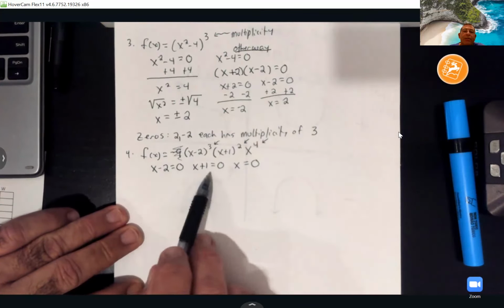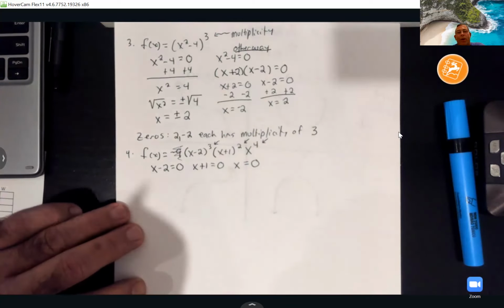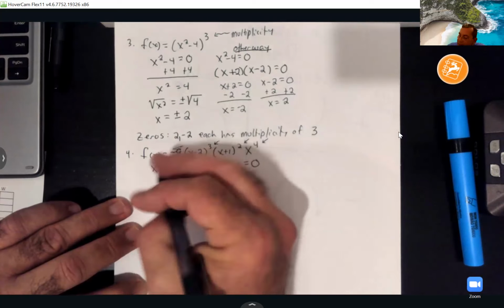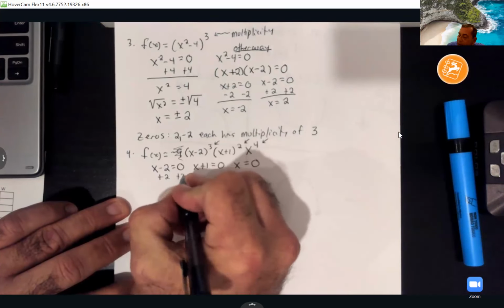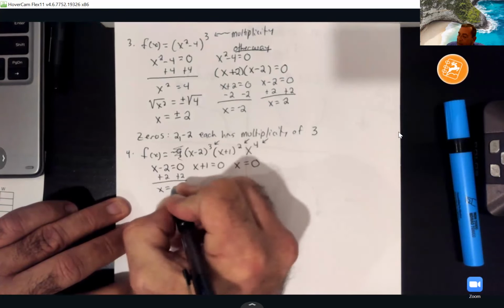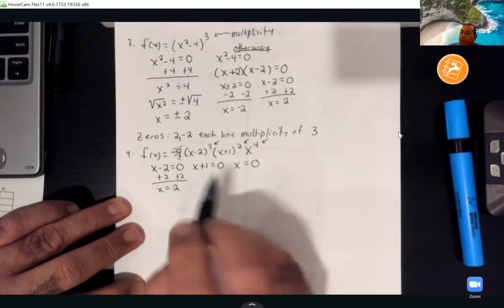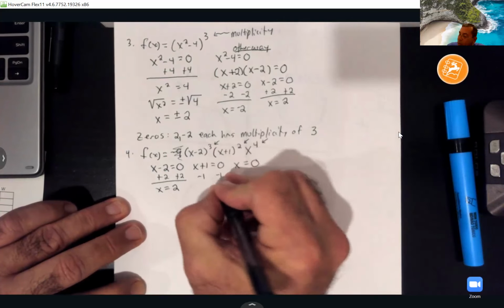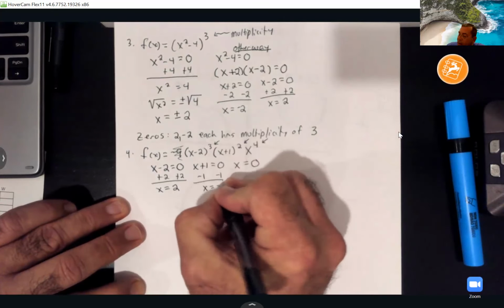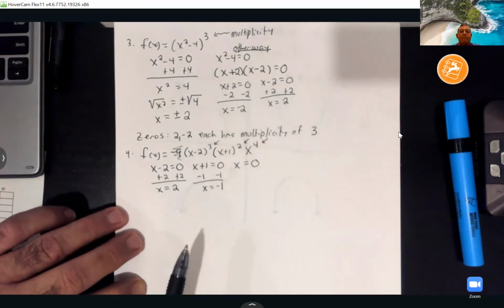And if you notice, from these factors, all we're doing in the long run is changing the signs. So when we add 2, my 0 will be a positive 2. And then where you got the x plus 1, we'll subtract 1 and get x is a negative 1.